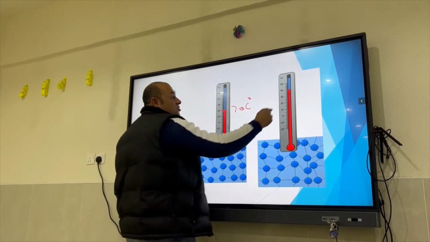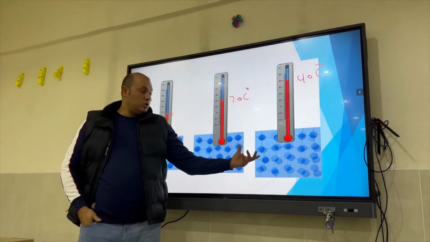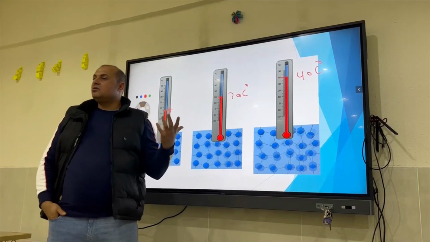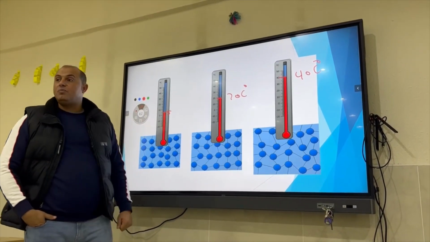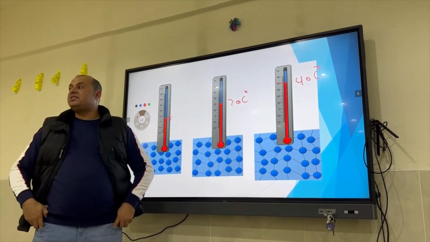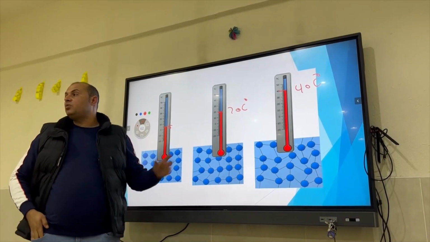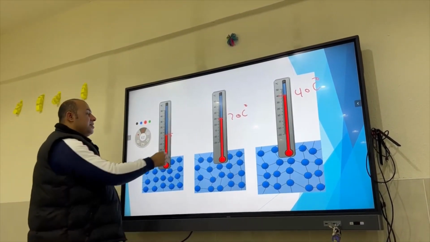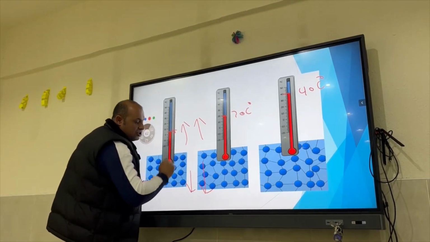When the temperature reaches 40 Celsius, look at the speed of particles. So, who can tell me the relationship between temperature and the speed of particles, directly or inversely? Directly means they increase with each other or decrease with each other.